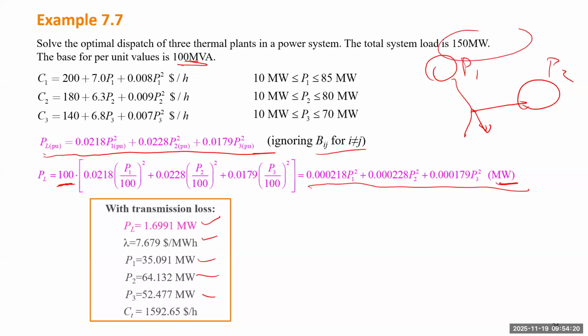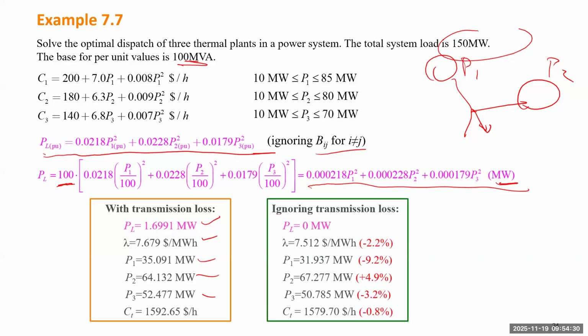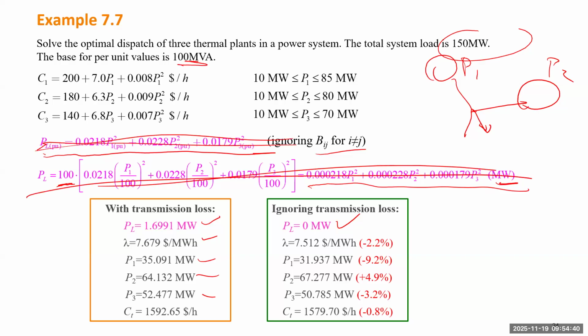The total load is 150, so that takes only about 1% of the system load. This is not much, which means we can solve this problem by ignoring the transmission loss. If we ignore the transmission loss, we just get rid of the loss term from the formulation. You just solve it as no transmission loss, and those are the answers.